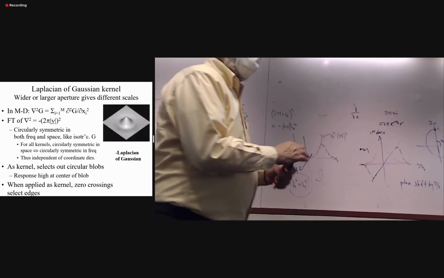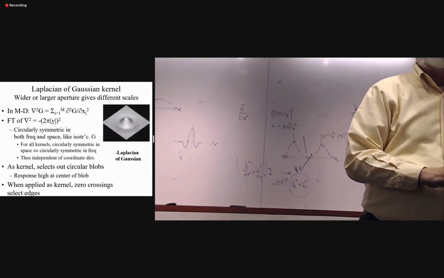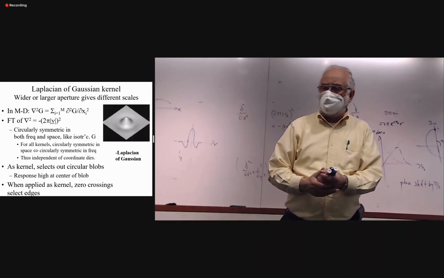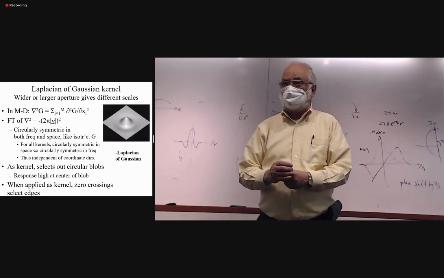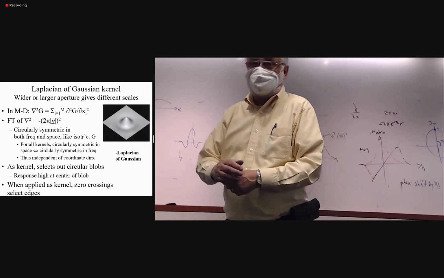And so one way to find edges is the way you did on assignment 4, where you had a gradient magnitude, or its square, that produces edge strength.